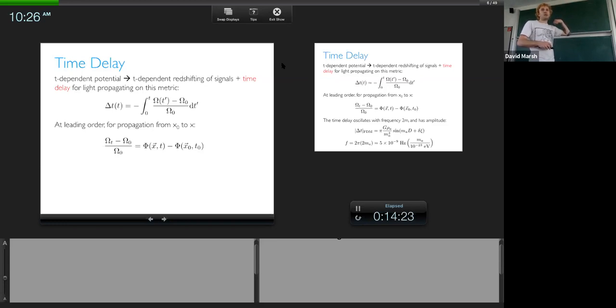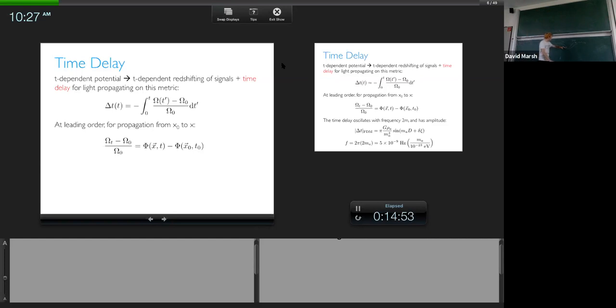This is just the same as the integrated Sachs-Wolfe effect in the CMB. Normally if a light ray comes into a potential, it gets blue shifted as it falls into the potential, and then red shifted as it comes out. So if a light ray just goes through a static potential, it comes out completely unperturbed.